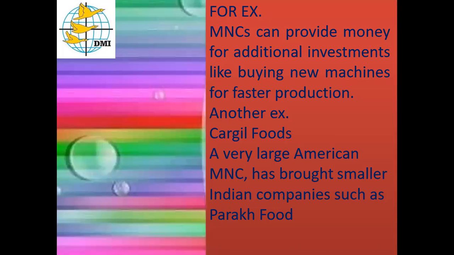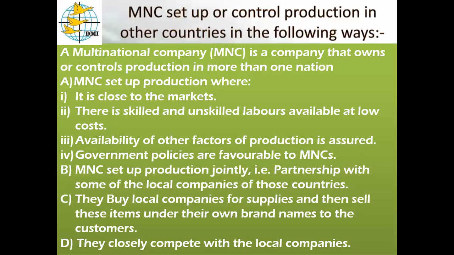For example, an MNC can provide money for additional investment, like buying new machines for faster production. Cargill Food, a very large American MNC, bought smaller Indian companies such as Parak Food, and then it would sell the products made by Parak Food in its own name. So this is how production is set up across multiple countries.